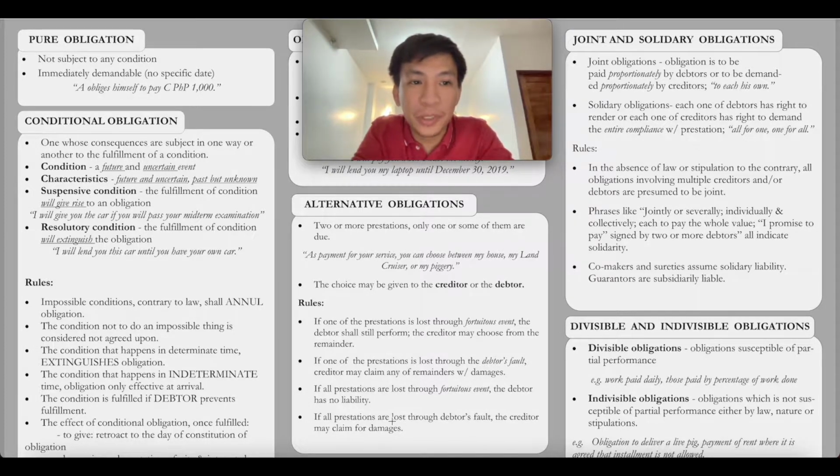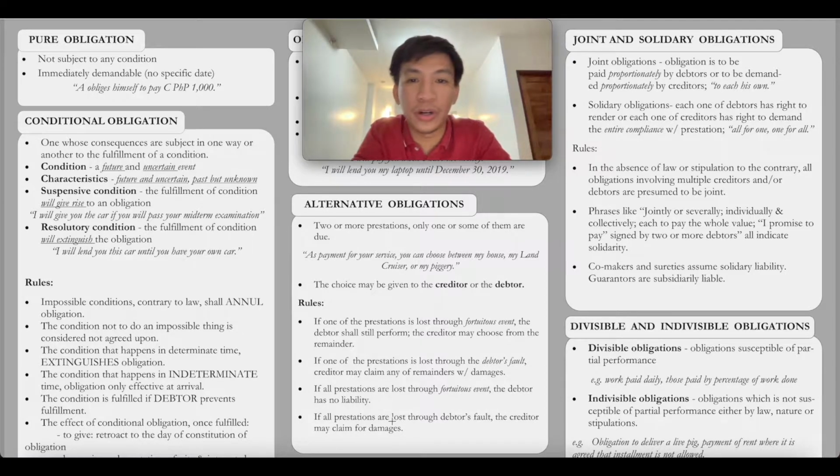So, an example of a pure obligation, gaya nung nandito sa example natin, is A obliges himself to pay C 1,000 pesos. Now, is there a condition? Wala. Is there a date na in-specify when the payment will be made? Wala. So that means this kind of obligation is pure.